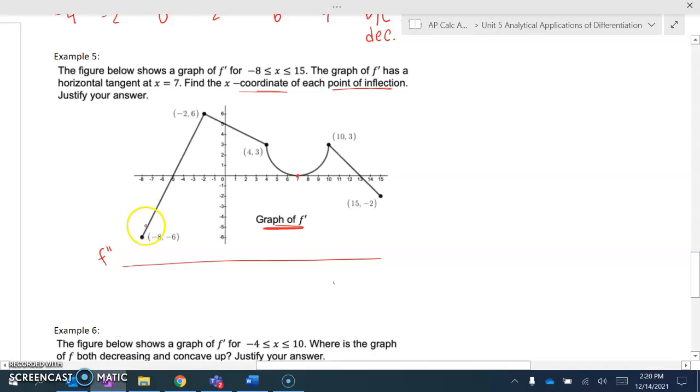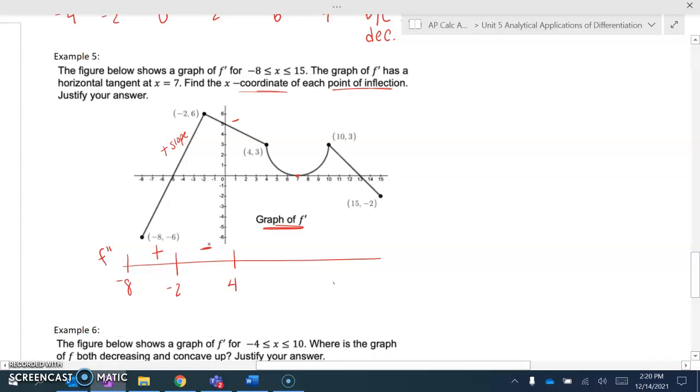Okay, I am going to be looking from -8, you can see, to -2. I have positive slope. f prime is increasing, so that means that f double prime will be positive. Okay, then I have negative slope until we hit 4. So f double prime will be negative.